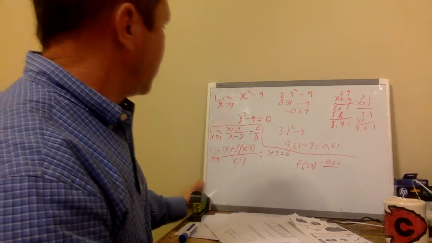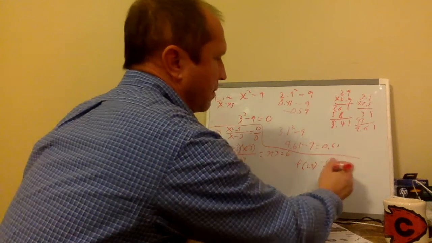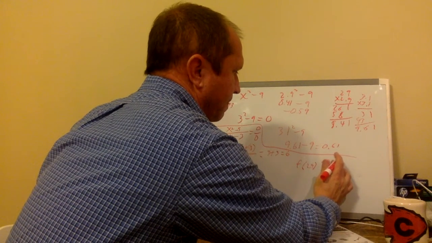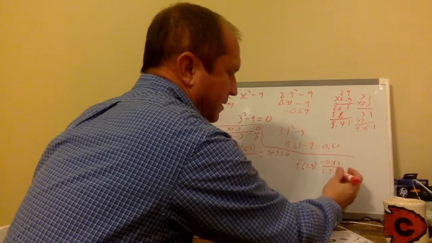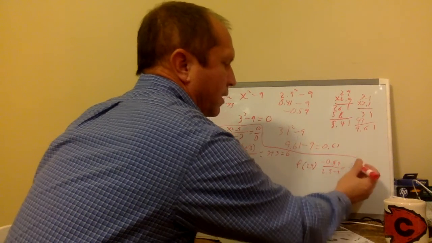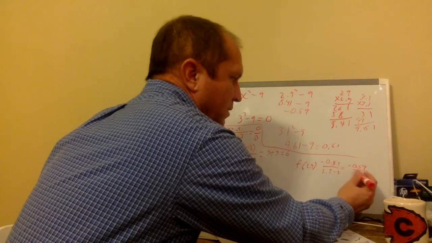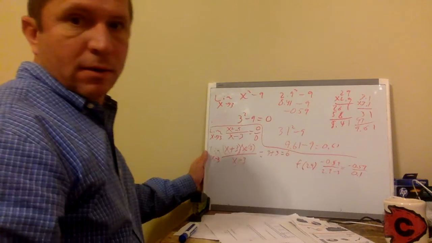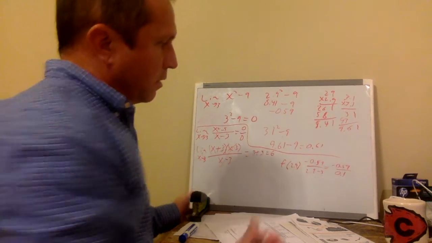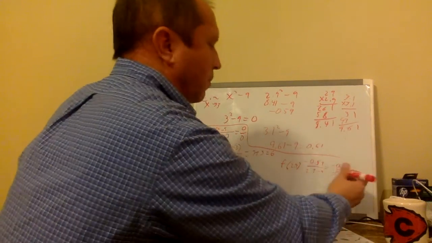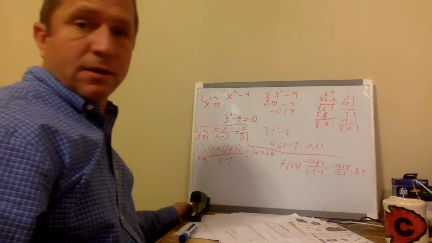And what is it that we get in the denominator if we say 2.9 minus 3? We end up with negative 0.59 over negative 0.1. And when we do our arithmetic here, we end up getting 5.9 as our answer.